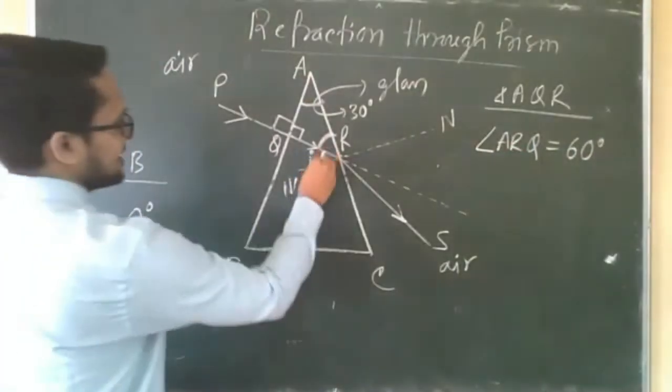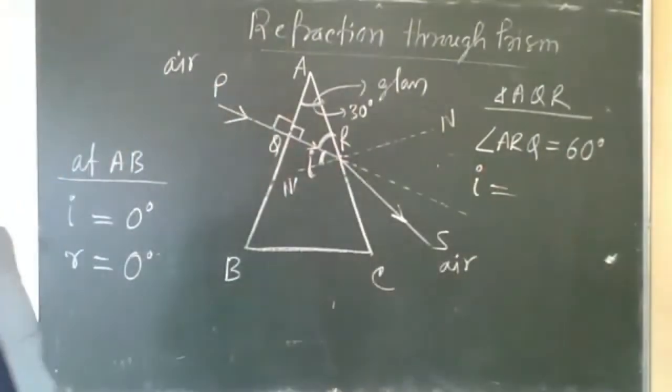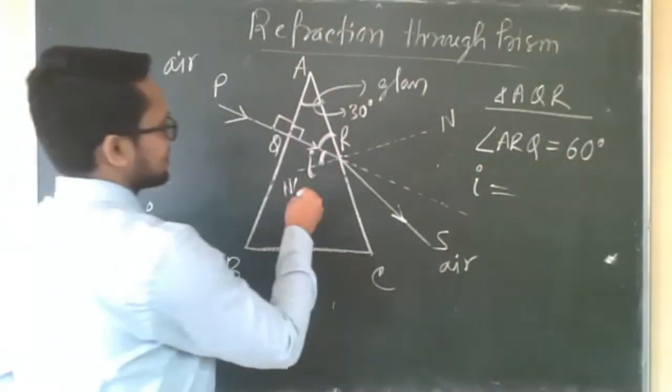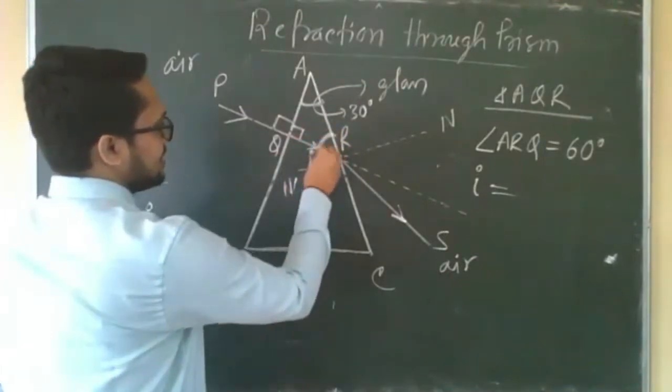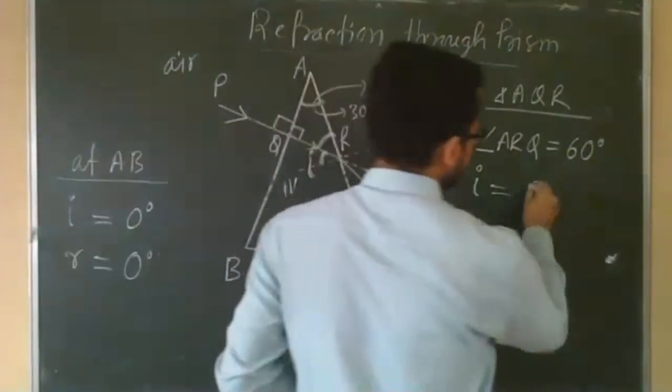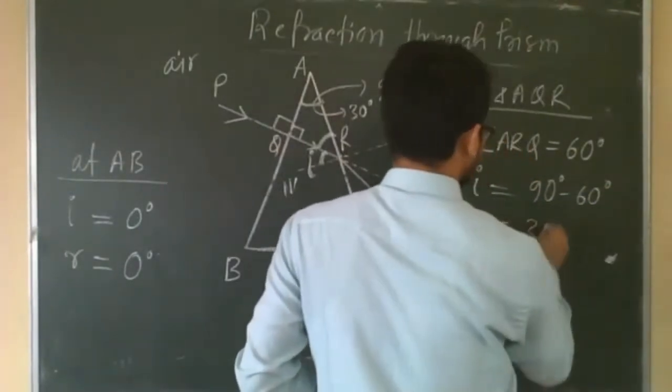So what about I here? Total is 90, 60 is already here, remaining part is 90 minus 60, which equals 30.